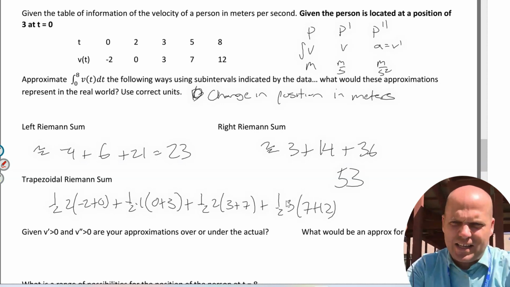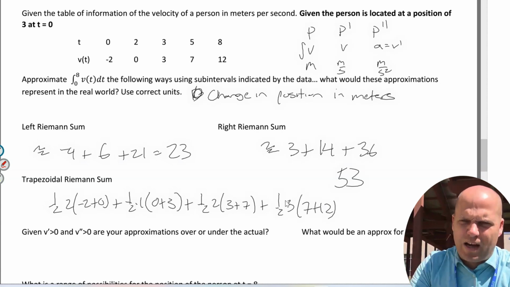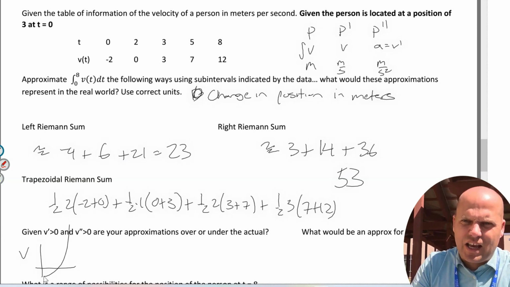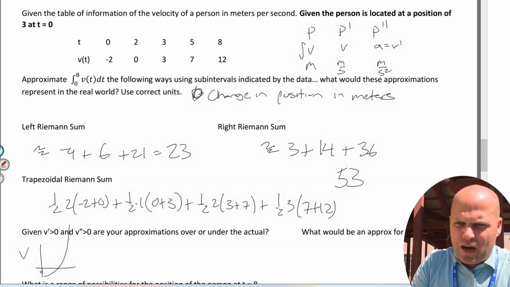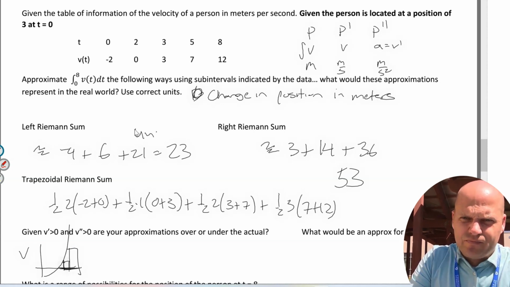Given my velocity's derivative is positive and second derivative is positive, my velocity is increasing and concave up. If I use a left Riemann sum, for increasing functions it will use the lowest value, so the left Riemann sum's under.